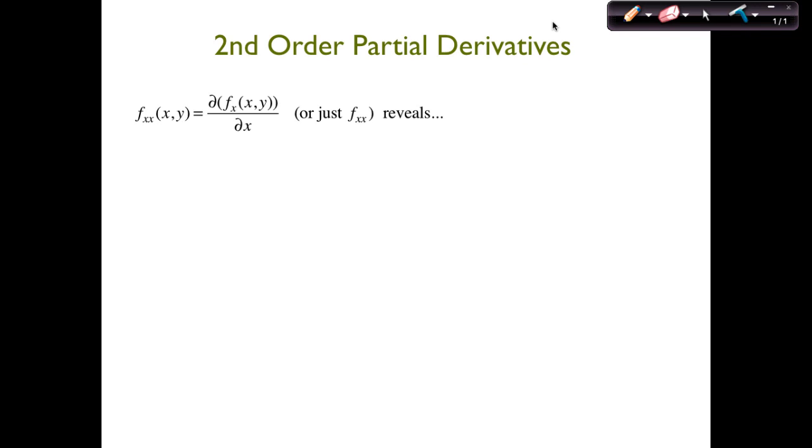Yeah, Emily. Okay. A lot of you are saying this: how the rate of change of z with respect to x is changing with respect to x. So it's like how the first partial with respect to x is changing with respect to x. Okay?